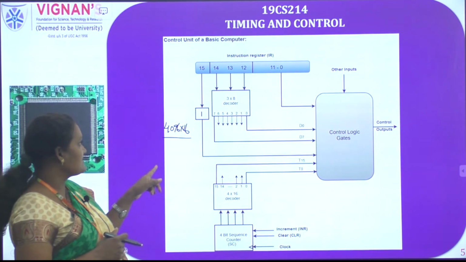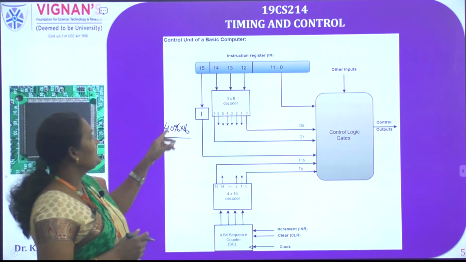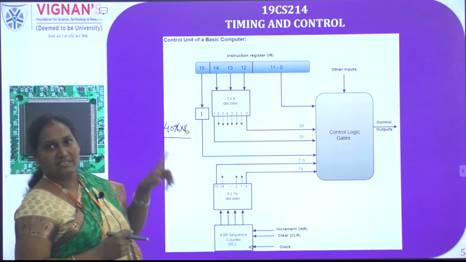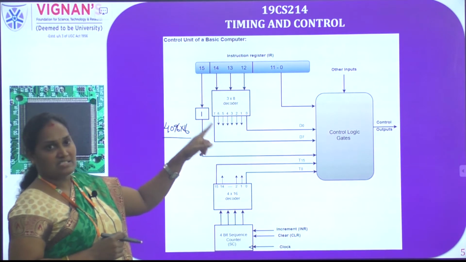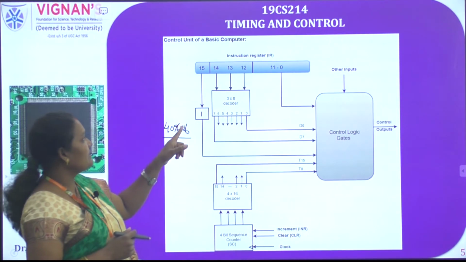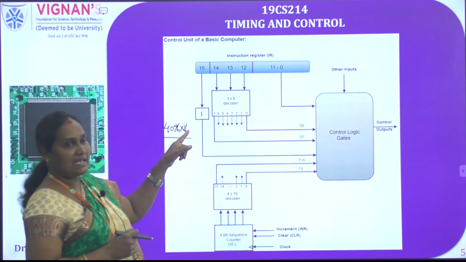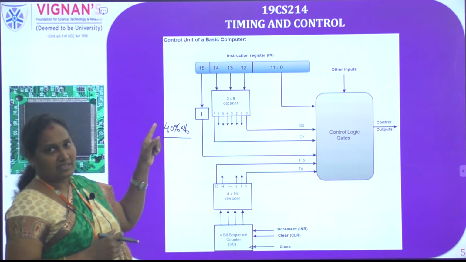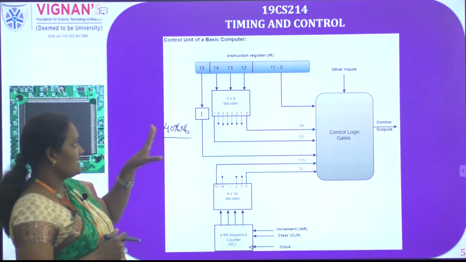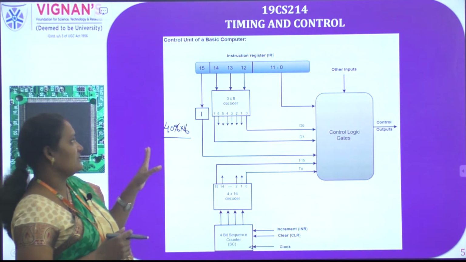For that basic system, the size of instruction is 16 bits. This instruction is divided into three parts. The first part is the address part, bits 0 to 11. The second part is the opcode part, bits 12 to 14, and the third part is the mode part, which is the 15th bit.